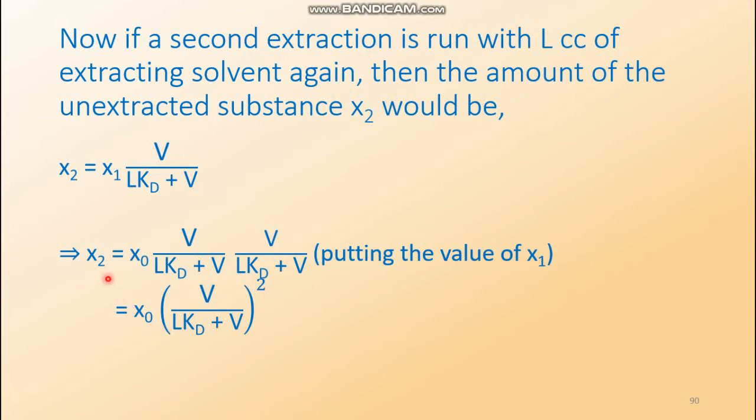So after the second operation, x2, here in the power you can see the term 2, isn't it? So after the third operation, x3, it should be whole cube, isn't it? After the nth operation, there should be n in the power, and all other terms would remain the same.